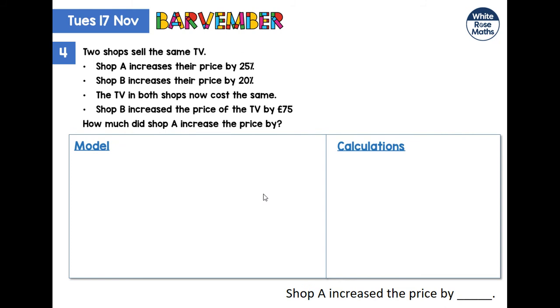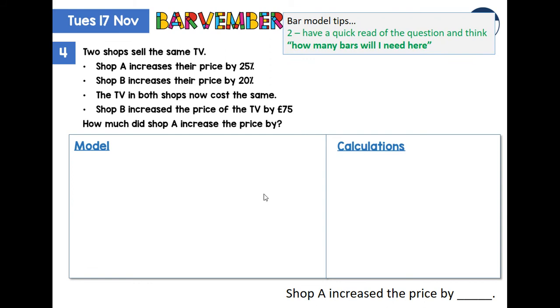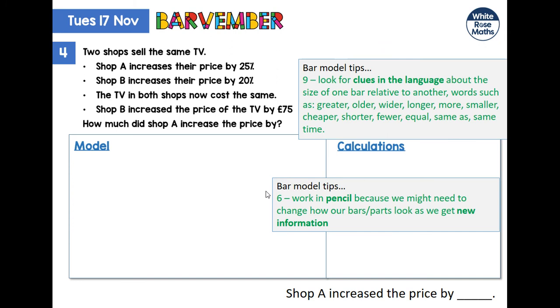Okay, question 4. As usual, how many bars? Well, looks as if I've got 2 shops here. So I'm going to have a bar A and a bar B. Now, we've been looking at language really in the last couple of days, and we'll focus on this in our question to see if we've got any clues as to how long our bar A and bar B are.